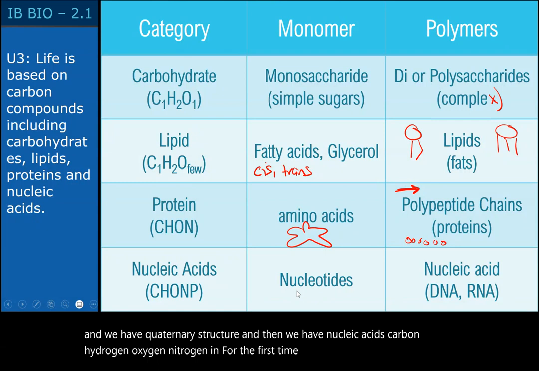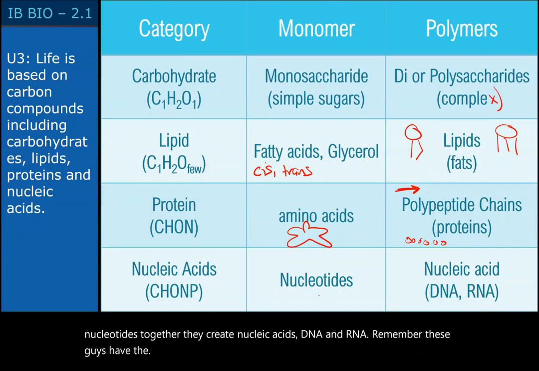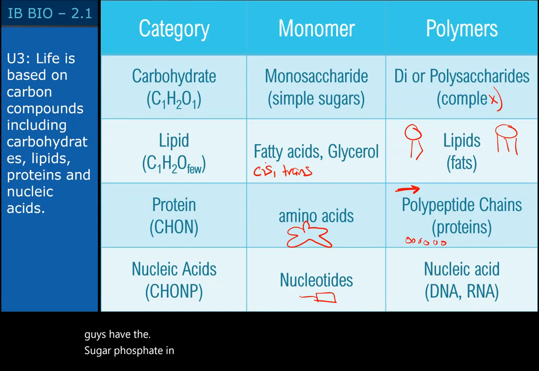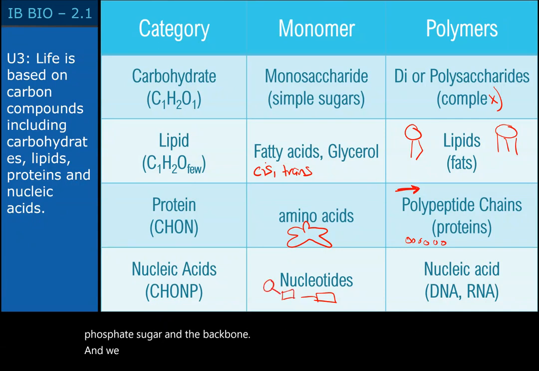These are our nucleotides. Together, they create nucleic acids, DNA, and RNA. And remember, these guys have the sugar, phosphate, and nucleotide. So there's the nucleotide, right? And the phosphate, the sugar, and the backbone. And we'll learn all about those coming up.